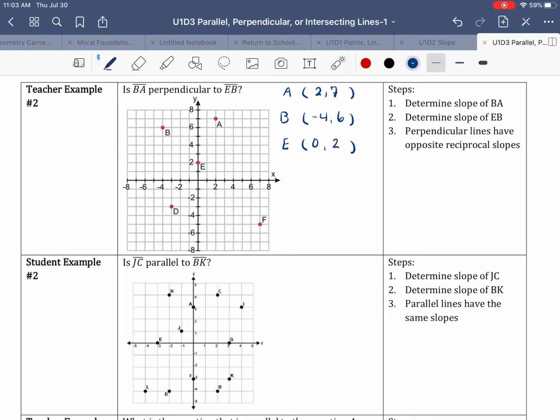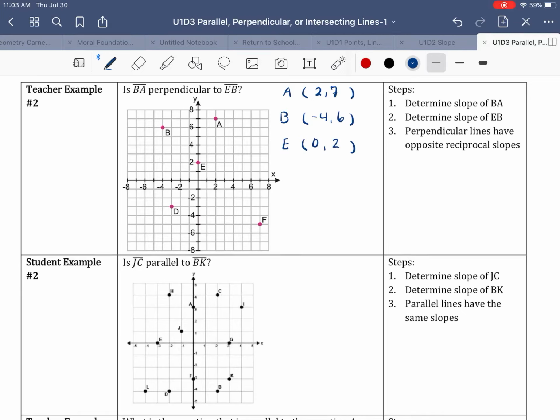All right. Again, we're looking at perpendicular, which is telling us opposite and reciprocal. So we need to find the slope of BA. We need to find the slope of EB, and then determine if those two slopes are opposite and reciprocal.